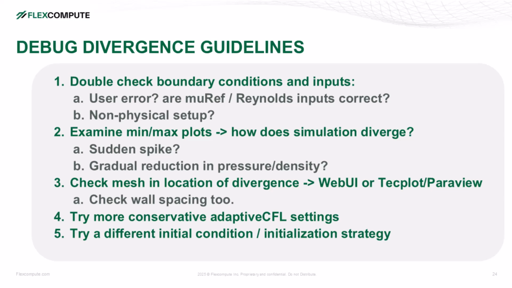If the physics is inherently challenging, consider more conservative adaptive CFL settings, enabling limiters for transonic regimes, or revising initial conditions. For very complex cases, consider using a simpler precursor simulation and then forking, or starting with first order and then switching to a higher order or lower dissipation scheme.